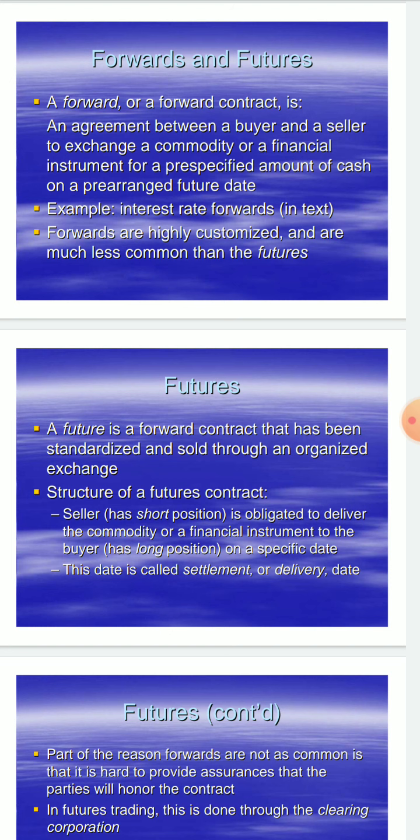But whereas in the future contract, there will be a third party. Third party means an umpire, who will enter the contract and settle it.